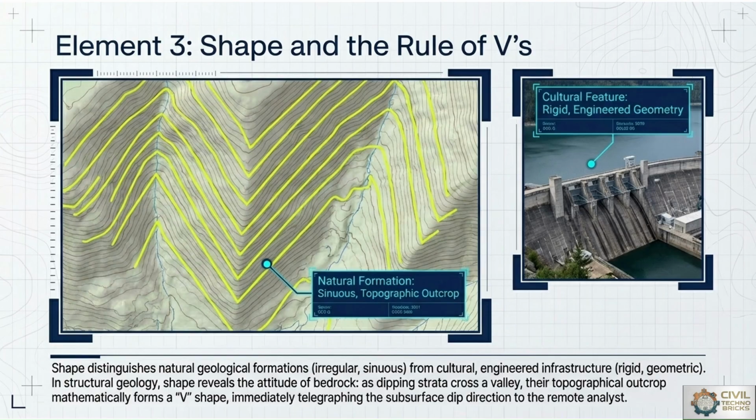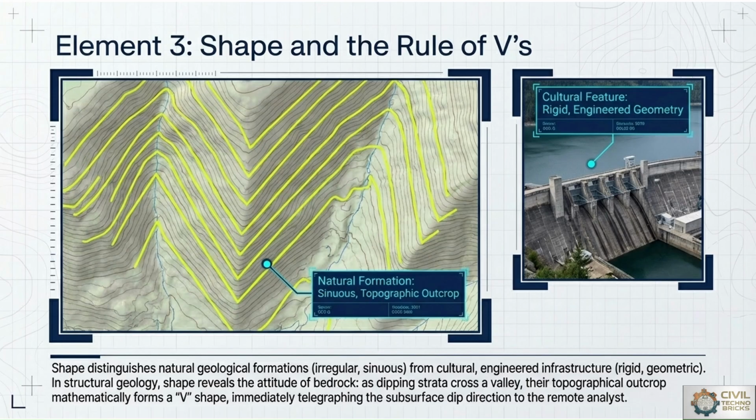Shape and the rule of V, that is the pattern: the natural formation, sinuous or topographic outcrop in the first image, which is shown in the yellow color lines. And the second one will be the cultural feature, that is rigid and engineered geometry. So shape distinguishes natural geological formations, like irregular or sinuous, from cultural engineered infrastructure.